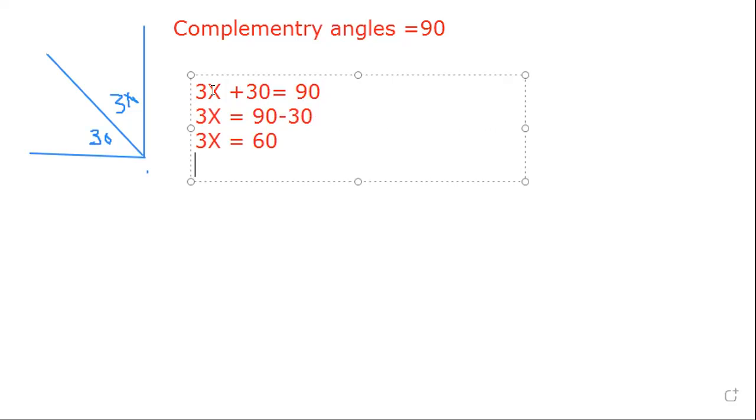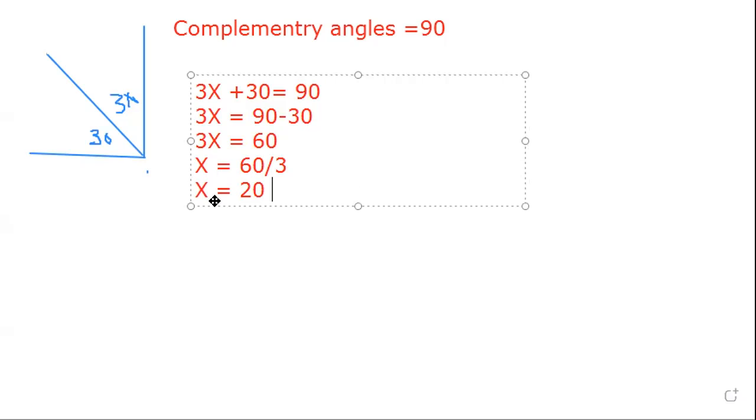Multiply or divide? Divide. So we will divide both sides by 3. Then x equals 60 divided by 3, which means the value of x equals 20 degrees. So this is the first type of angle relationship, which is called complementary angles.